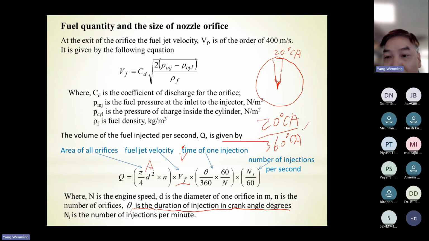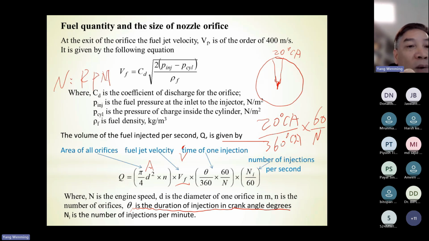Then assume the time for one revolution is 60 divided by n, where n is the engine speed in terms of RPM. R is revolutions, PM is per minute.